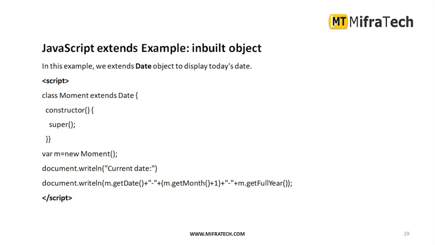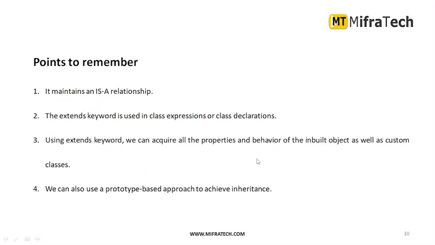Here the class Movement has been created and extends Date. The child has been created from Date. It will display the date, get month and get full year. The output has been displayed as a date, month and year.